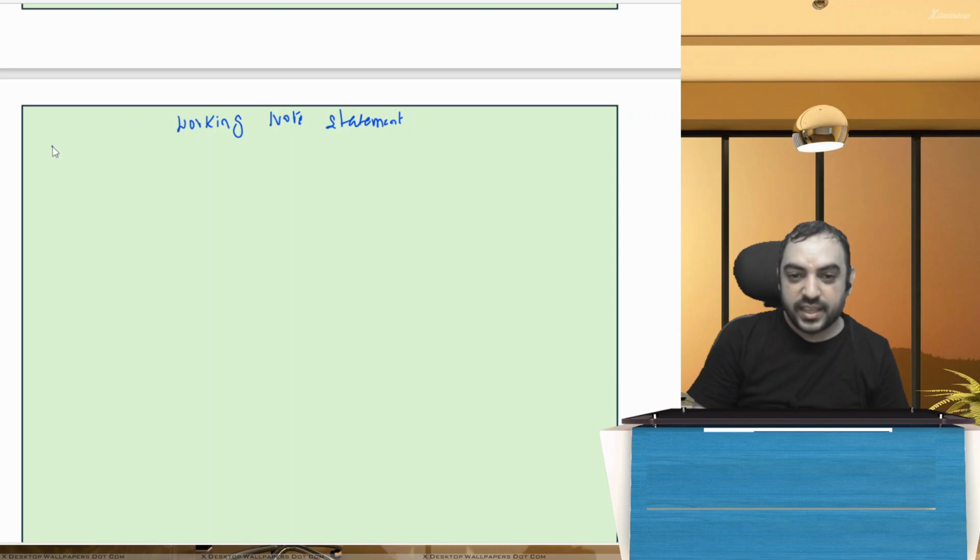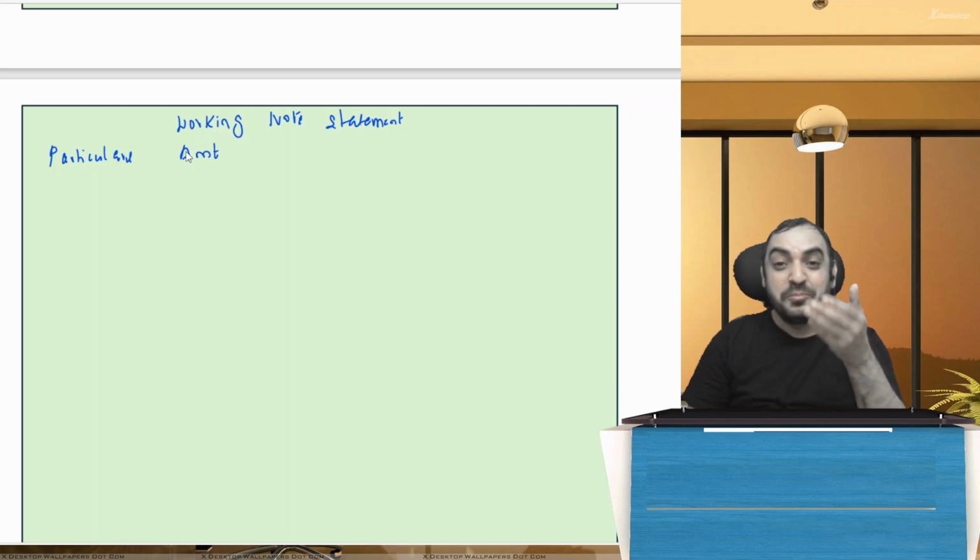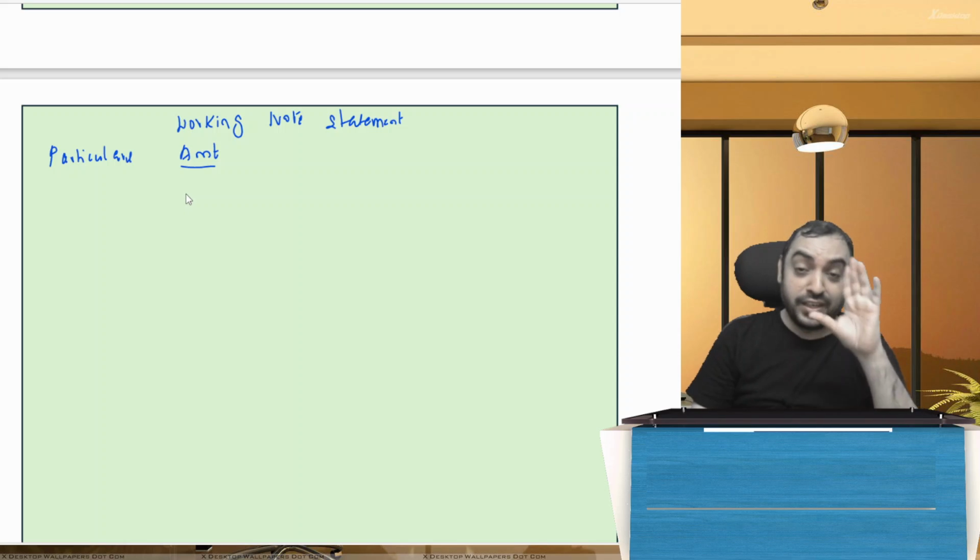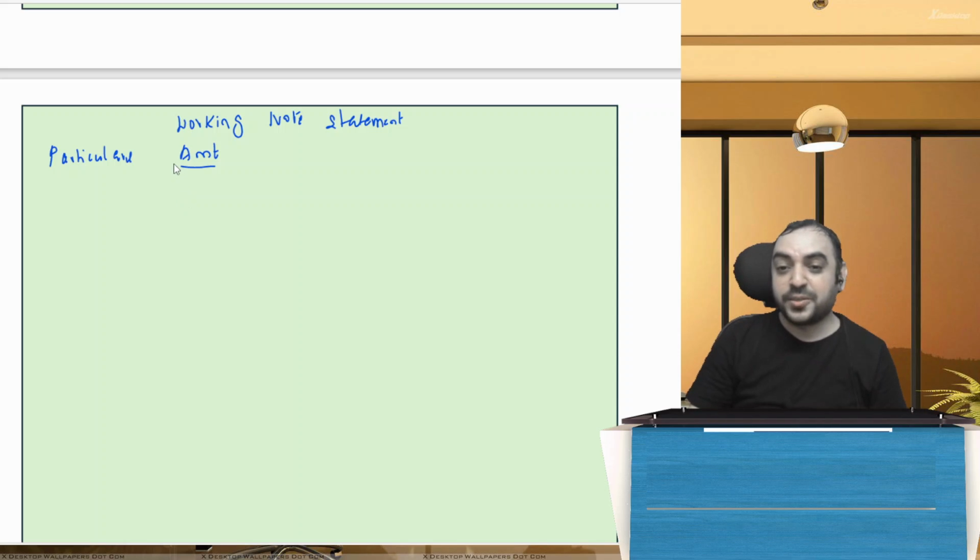We will start with particulars. I hope you know the format. Amount. This amount column is also important now, because for impairment purposes we need the net assets of the subsidiary. So the amount I'm writing here, I'll use it as the net assets of the subsidiary on the date of acquisition, on the date of consolidation.